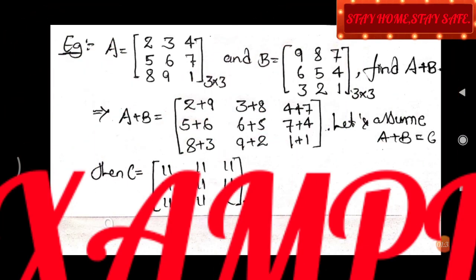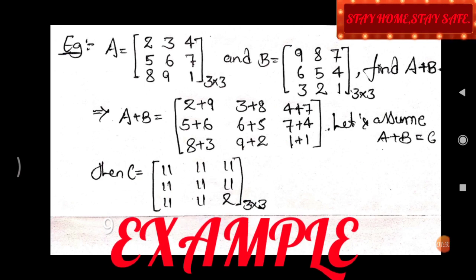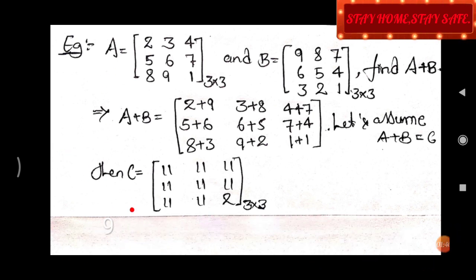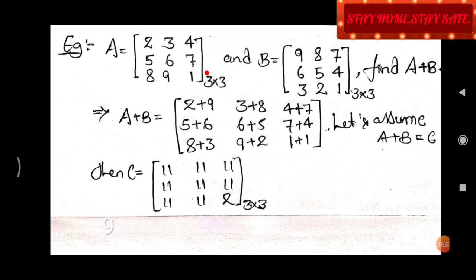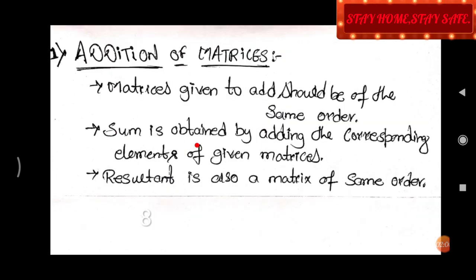Let us go by an example to get a clear picture of how addition takes place in matrices. We have matrix A of order 3 by 3 and matrix B of order 3 by 3. The first thing said is that they should be of the same order, and here both matrices are 3 by 3. Next, the sum is obtained by adding the corresponding elements of the matrices.